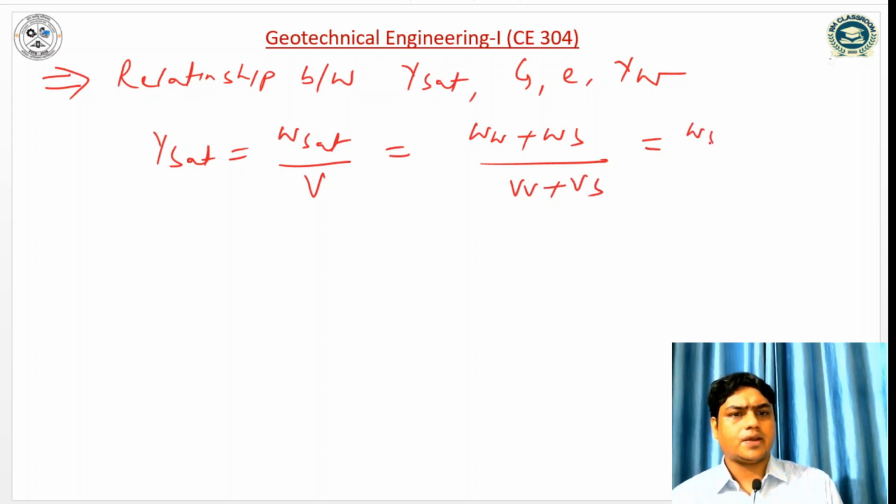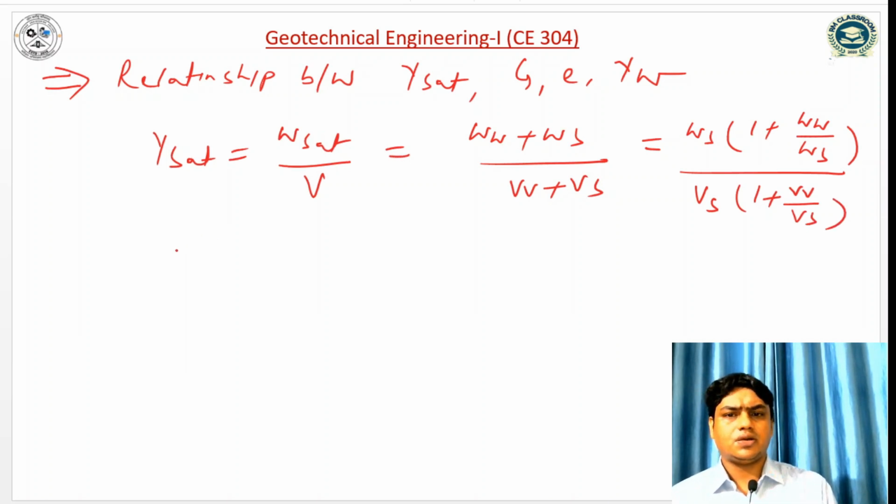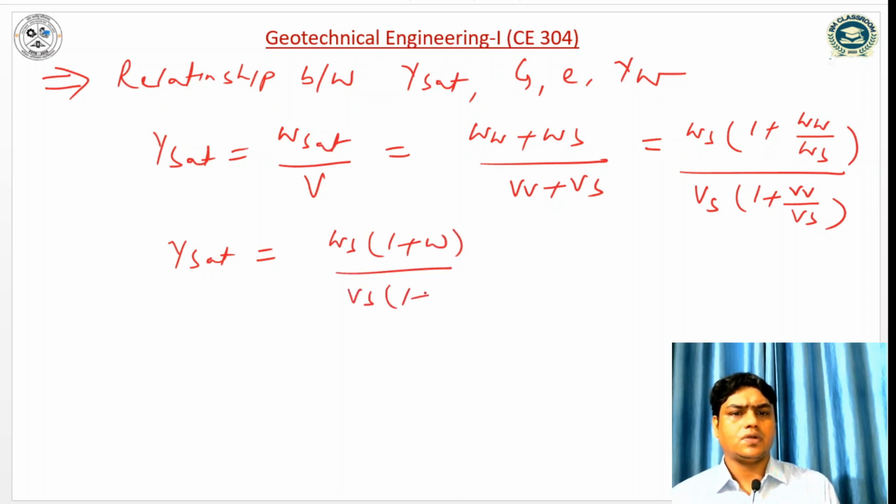Once again I can write 1 plus weight of water by weight of solid, divided by volume of solid common, 1 plus volume of void by volume of solid. So same thing here, gamma sat is equal to Ws into 1 plus w divided by Vs into 1 plus e, or we can write Gs gamma W into 1 plus w divided by 1 plus e.